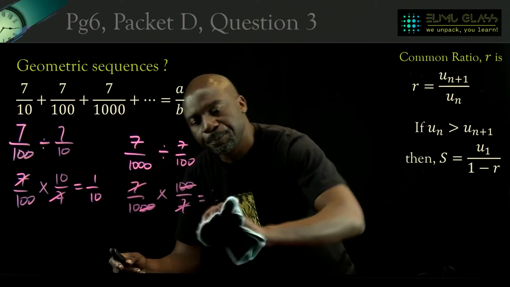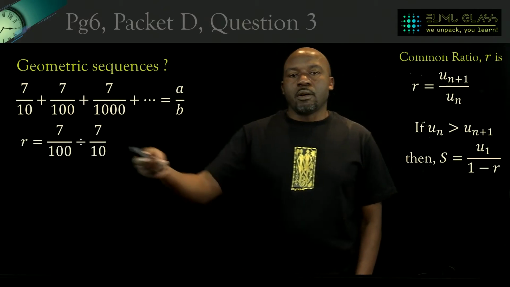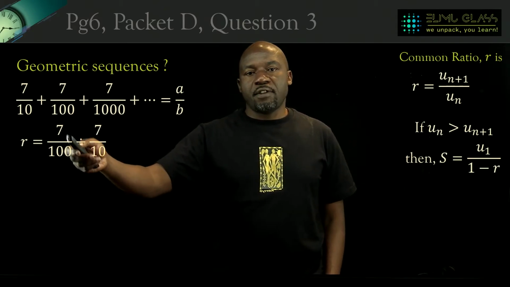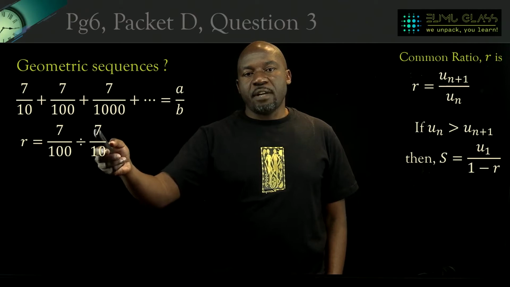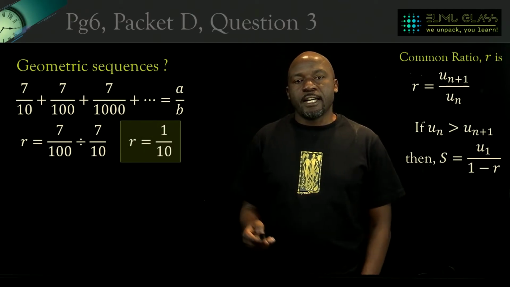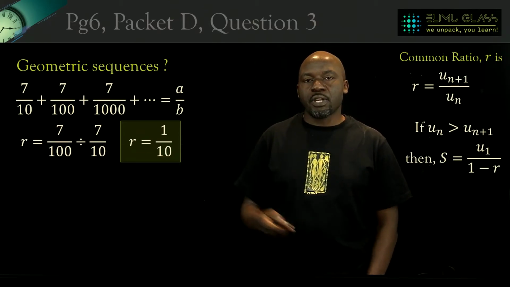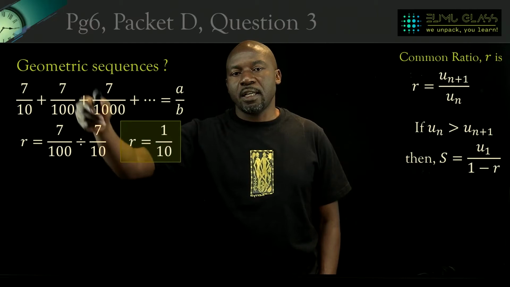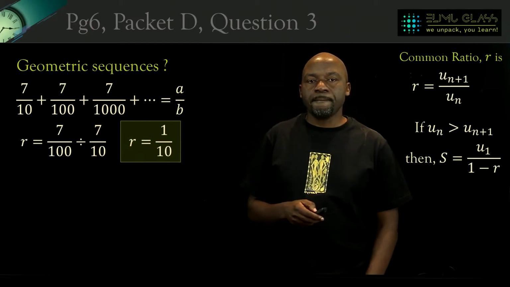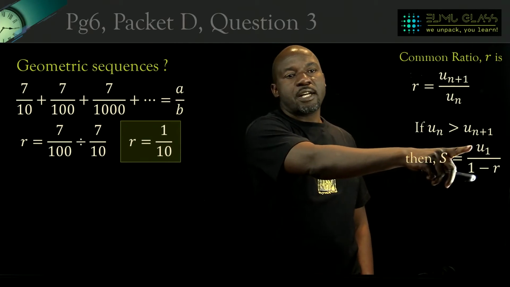Okay, let's see that. So the common ratio R is 7 over 100 divided by 7 over 10, which we already found to be 1 over 10. So the common ratio for this GP is 1 over 10. But we also know the first term, because we are looking for the first term and the common ratio.